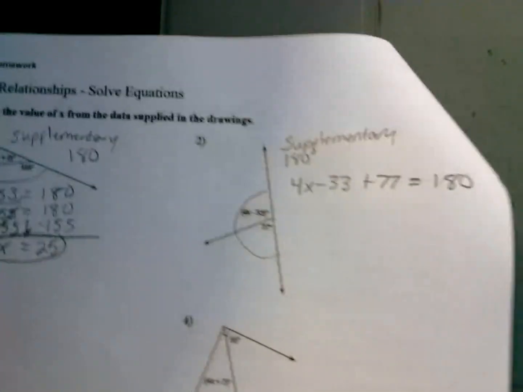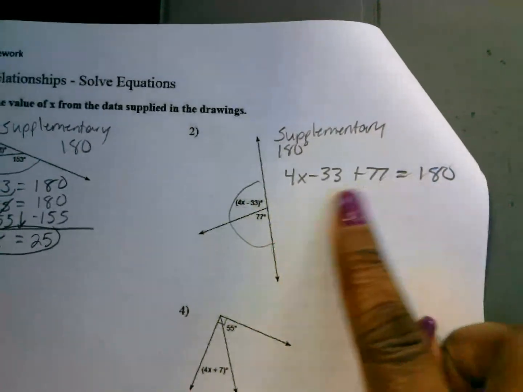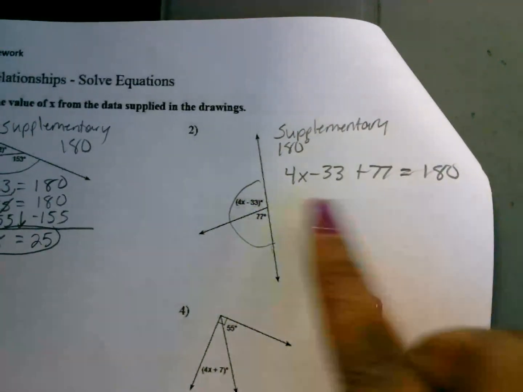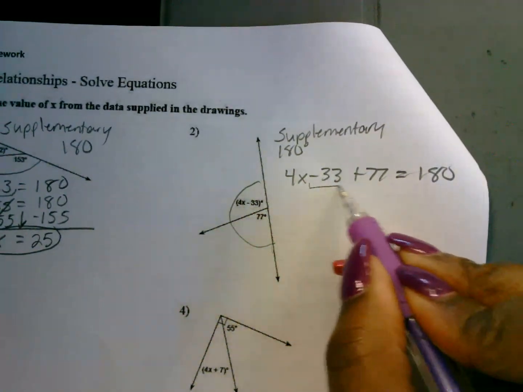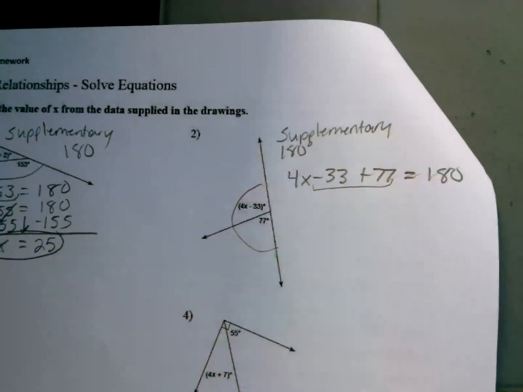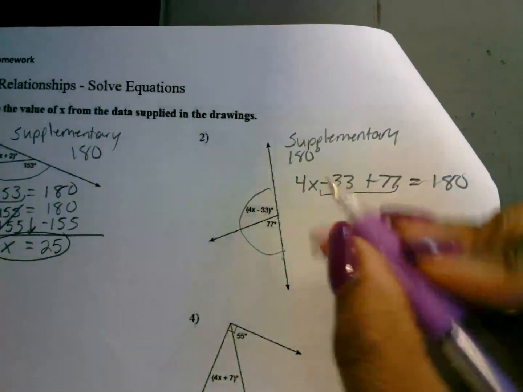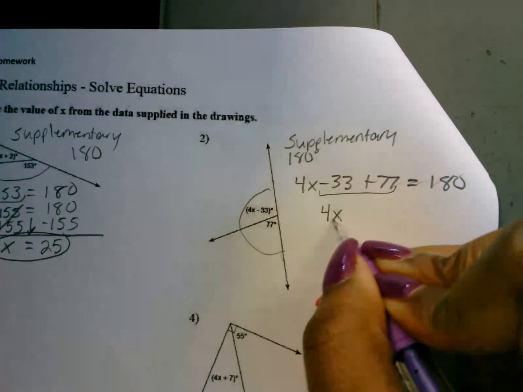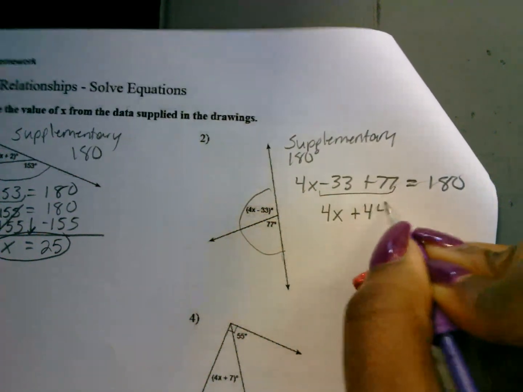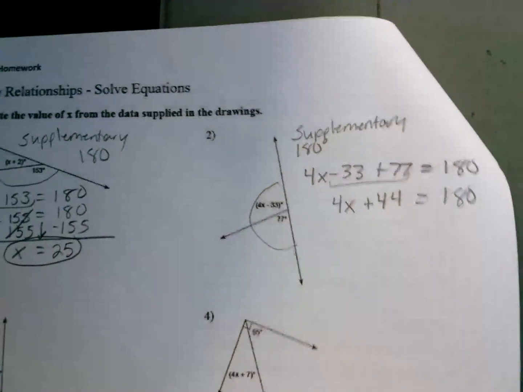First thing, look for distributive property. There's no distributive property in this problem. Next is to combine like terms on each side of the equal sign. So I'm going to combine these two together. I have negative 33 plus the 77, and that gives me 44. So I have 4x plus 44, bring down the equal sign, 180 degrees.